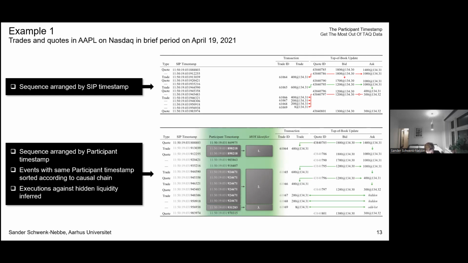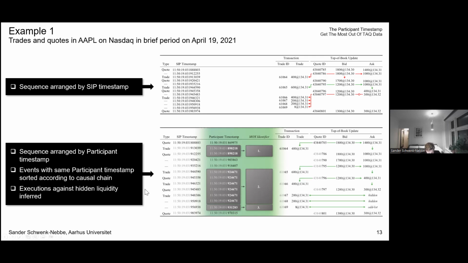The remaining 2 trades were executed against hidden liquidity. So we can check whether this is true in proprietary market data, which flags executions against hidden liquidity. And in this case, I do that. I confirm with my sample of NASDAQ ITCH data that these 2 were indeed executed against hidden liquidity. But I will also later show that we can infer this directly in TAQ data without using any proprietary data.